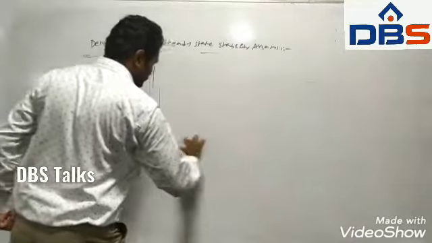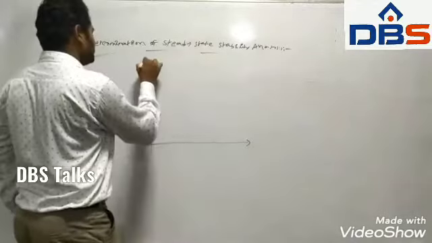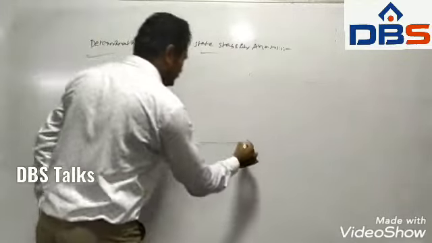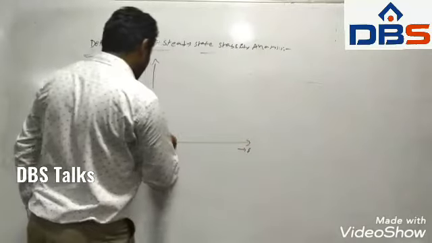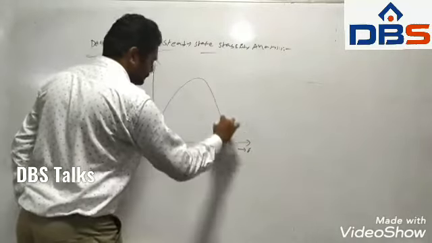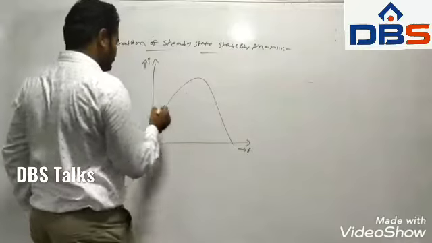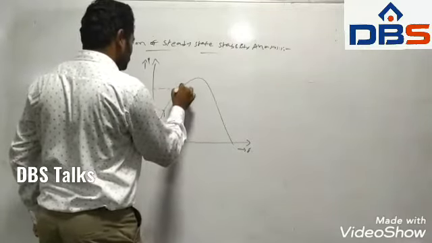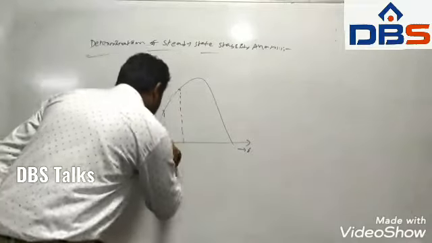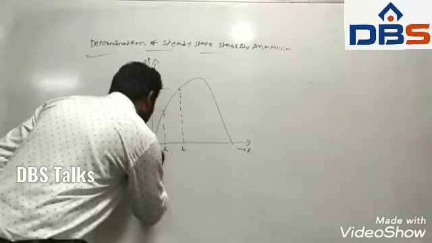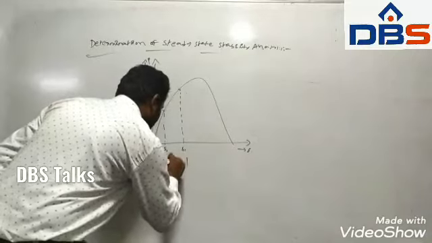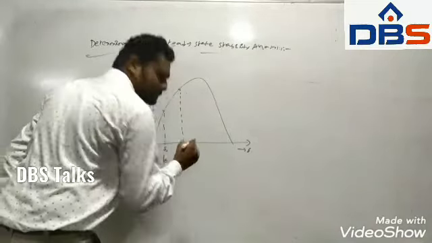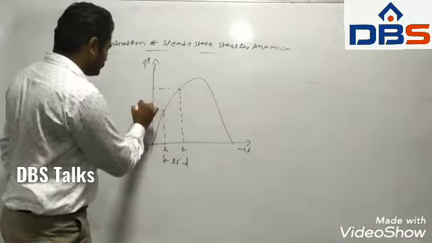Here I am taking the y-axis as power P and the x-axis as angle delta, so we are drawing a power angle curve. Here the initial angle is delta 1, and the difference between angles is delta delta.